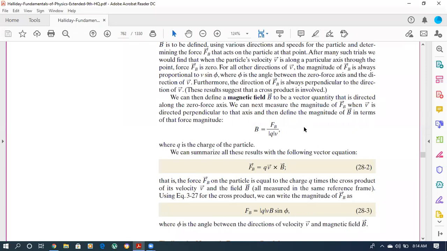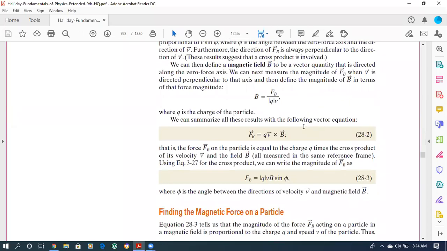So whenever there is some magnetic field and a charged particle is moving, then it can feel the presence of the magnetic field. After observation and experiments, this equation was designed, which is written in the form of the vector product, F = qv × B.